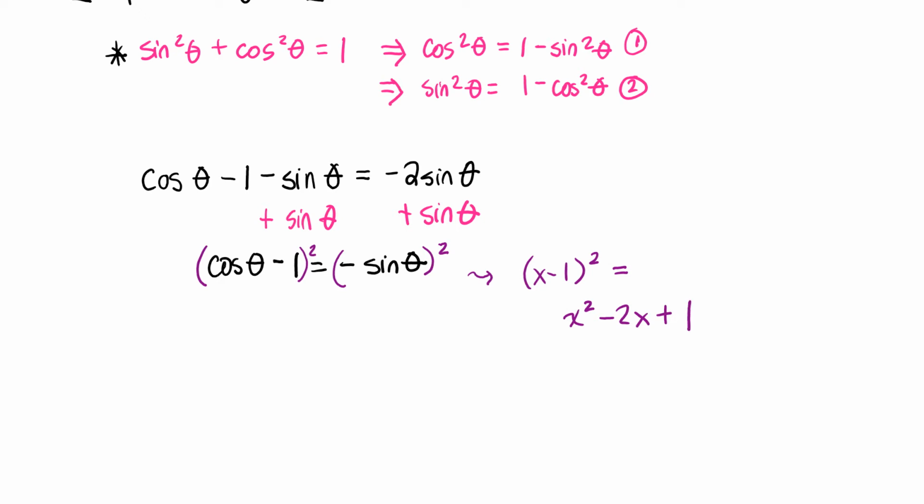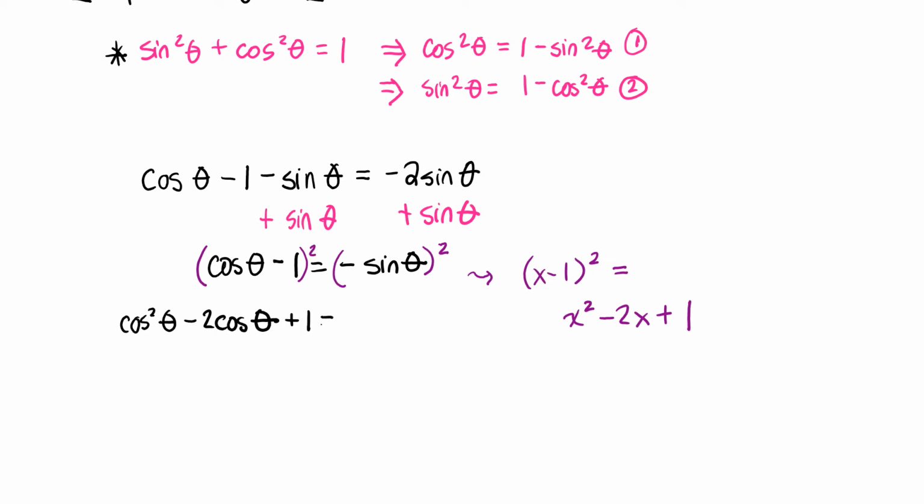So if we square the cosine minus 1, we'd get a similar result. We would get cosine squared theta, plus 2 times 1 times cosine, or negative 1 times cosine, which is negative 2 cosine theta, and minus 1 squared, which is 1.